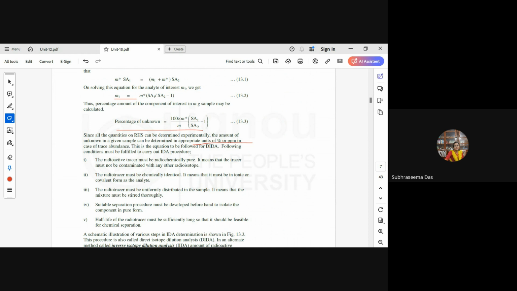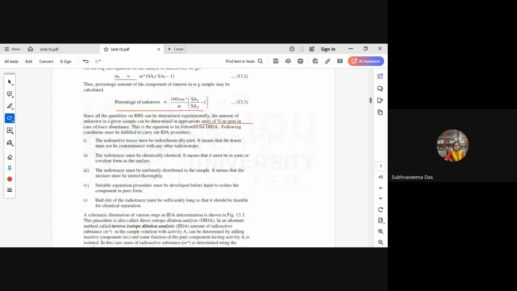The following conditions, however, need to be maintained to carry out a direct IDA procedure. The radioactive tracer must be radiochemically pure, that is, it must not be contaminated. The radiotracer must be chemically identical with the analyte, which means it must be in the same ionic or covalent form as the analyte. The radiotracer must be uniformly distributed in the sample, so stirring must be done throughout the process.